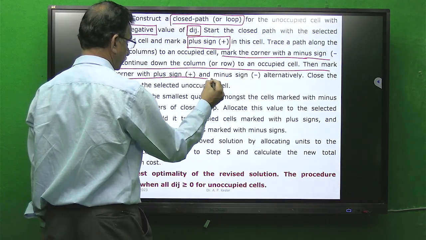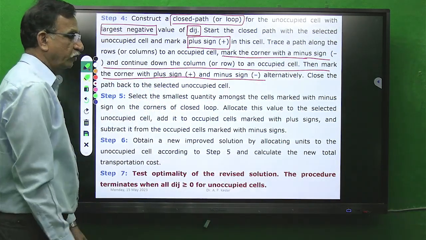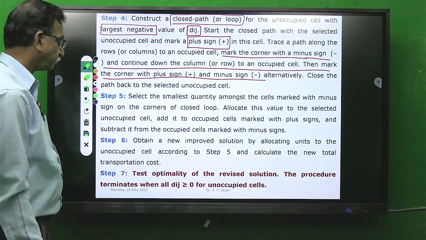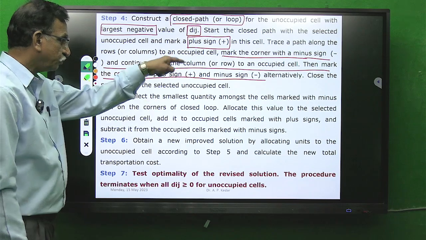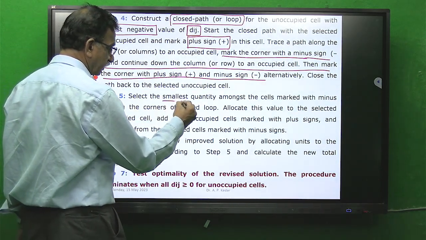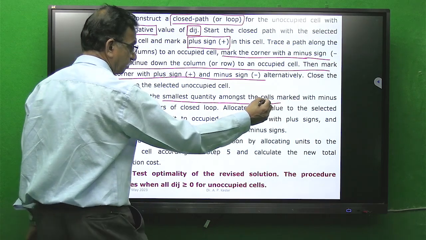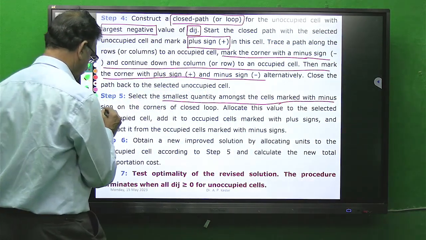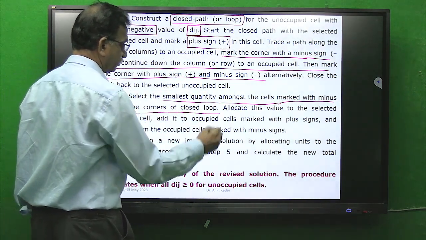All these will be explained when we will be solving the problem. Once we draw the closed loop, the next step is to select the smallest quantity amongst the cells marked with minus sign on the corners of the closed loop.